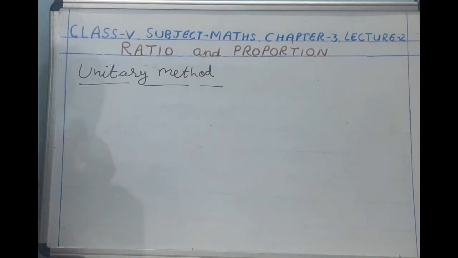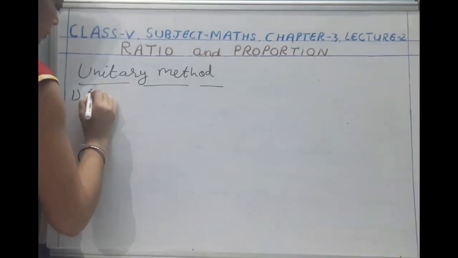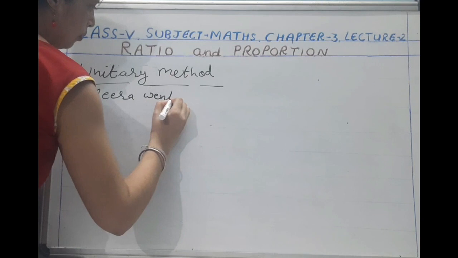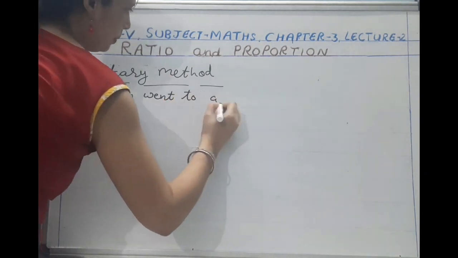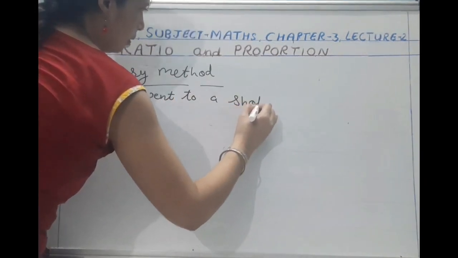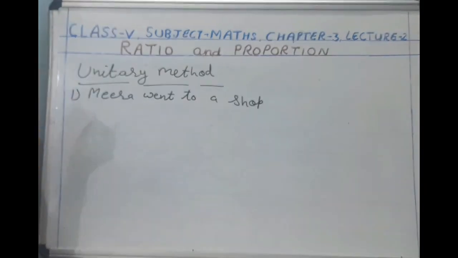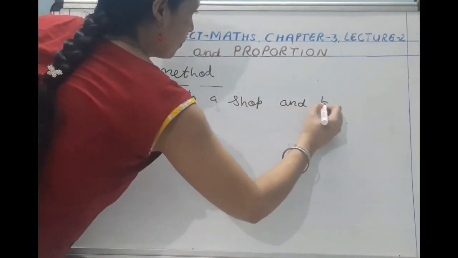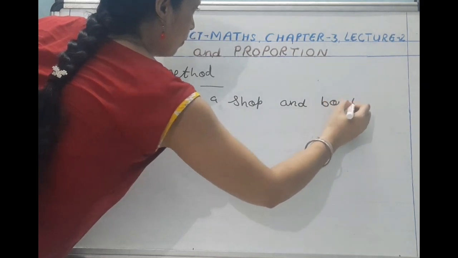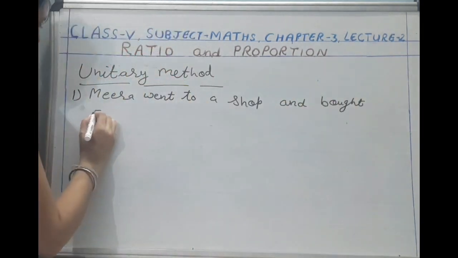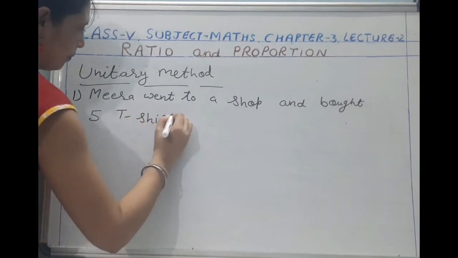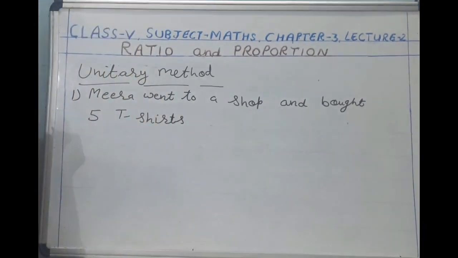First question is given in your book. Meera went to a shop and bought 5 t-shirts. Okay.